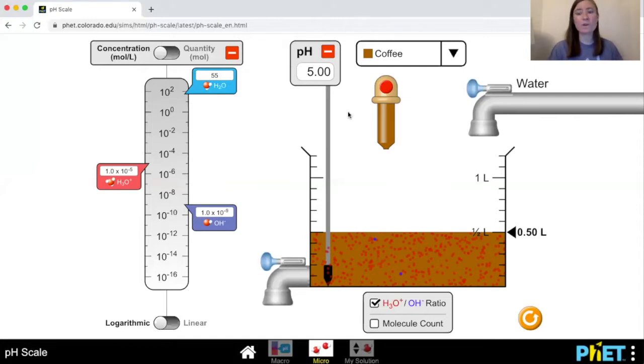So it's worth noticing that when the pH changes a little bit, the ratio of H3O+ and OH- changes dramatically. It has these huge changes.